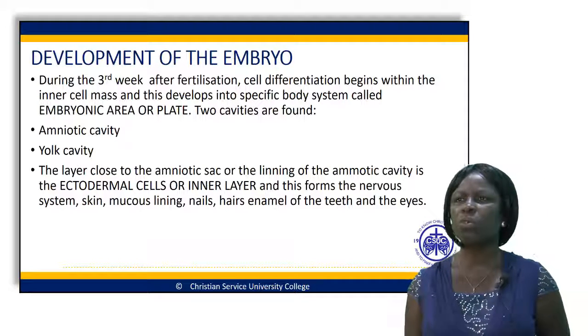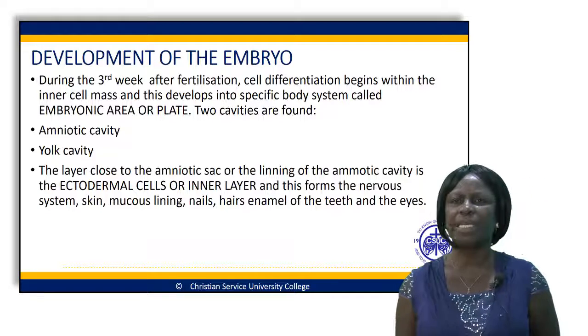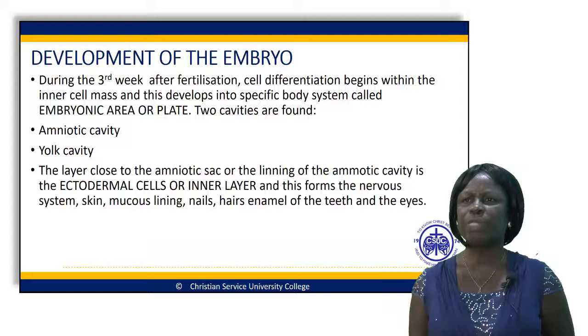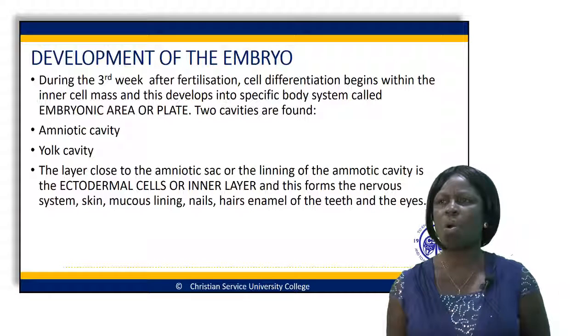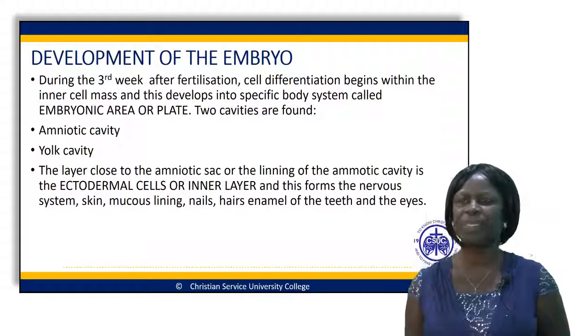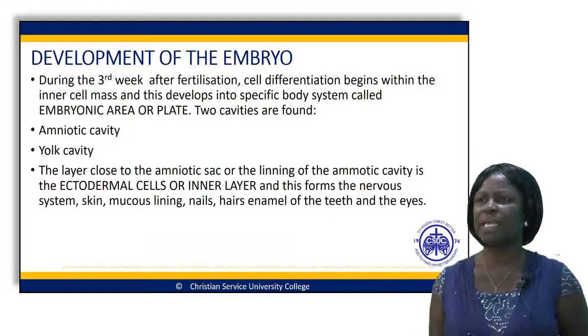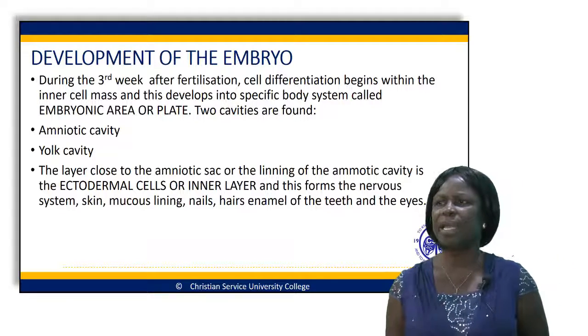The layer close to the amniotic sac, or the lining of the amniotic cavity, is called the ectoderm, or inner layer, and this forms the nervous system, skin, mucous lining, nails, hair, enamel of the teeth, and the eyes.